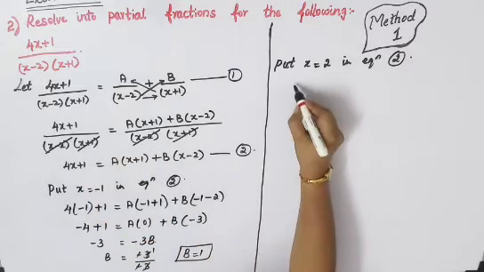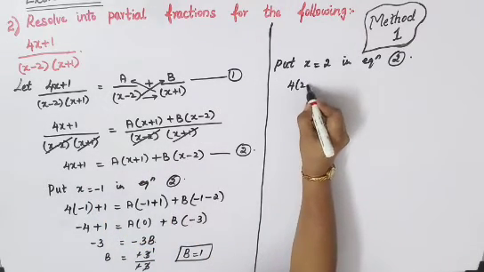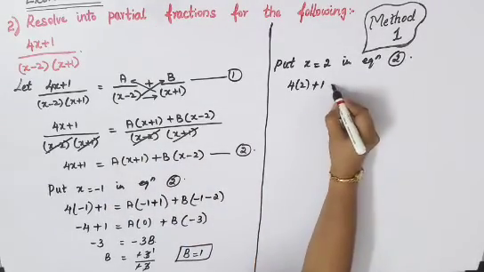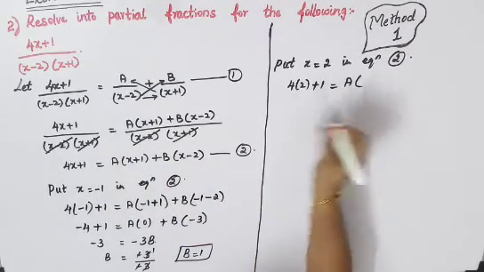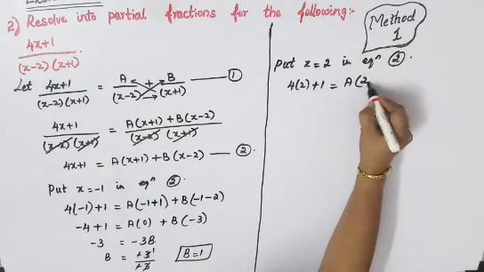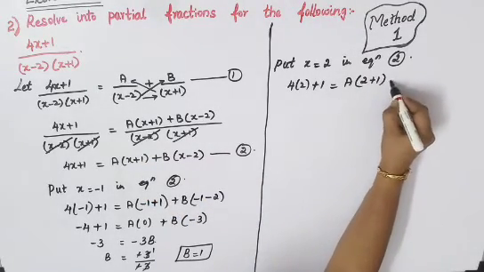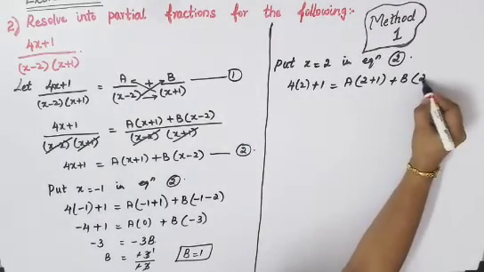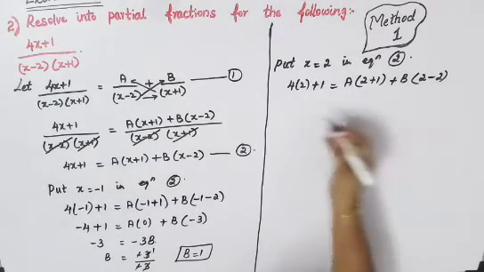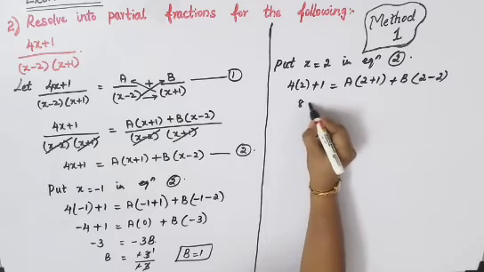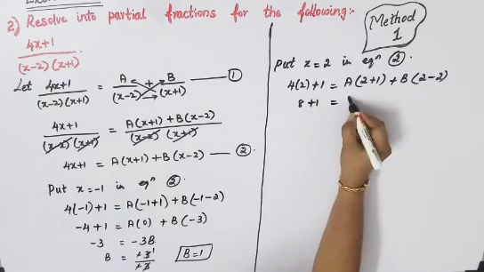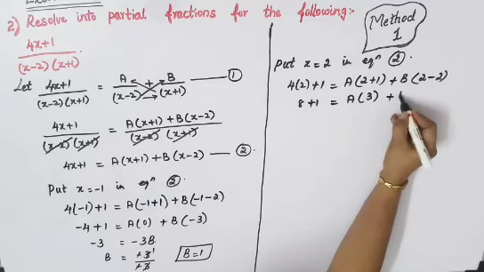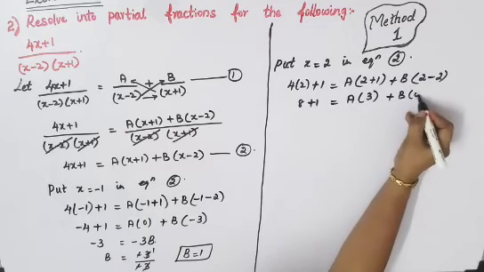So 4 into x is there, so 4 into 2 plus 1, just write that one as it is, that is equal to a into, instead of x you will have to put 2 plus 1, again plus b into, again x is there, so 2 minus 2. Now solving, 4 twos are 8 plus 1, which is equal to a into 2 plus 1 is 3, plus b into 2 minus 2 is 0.